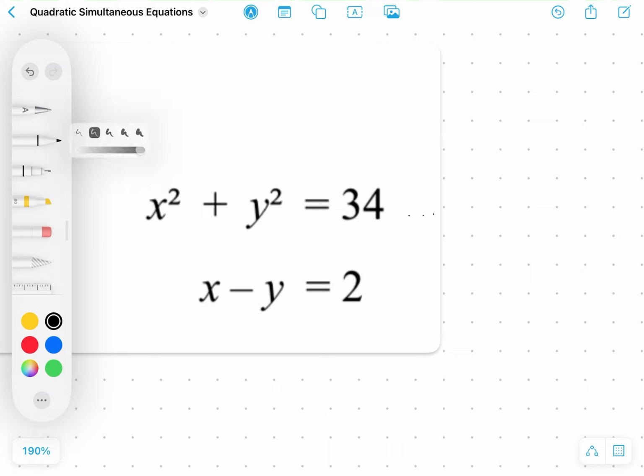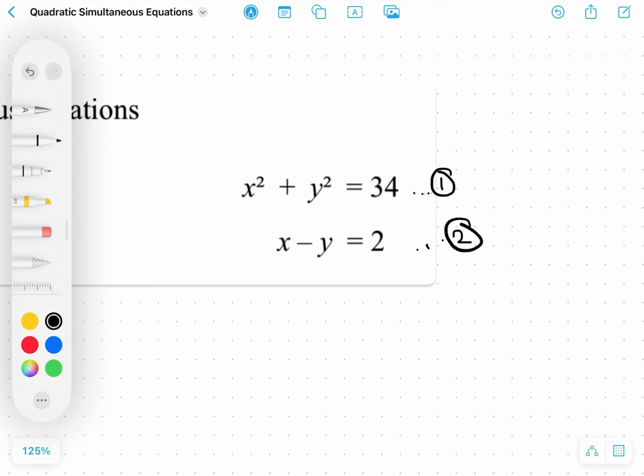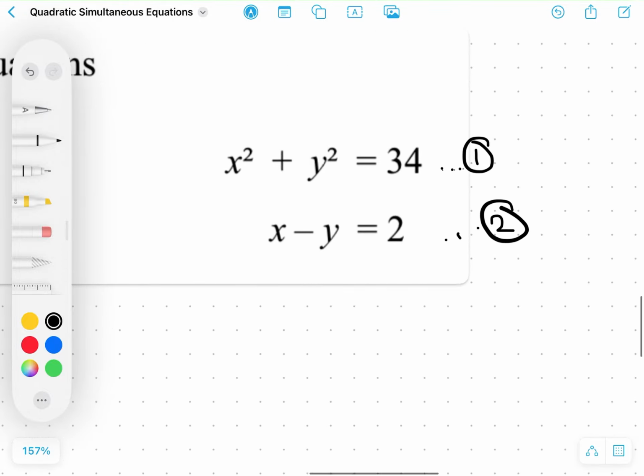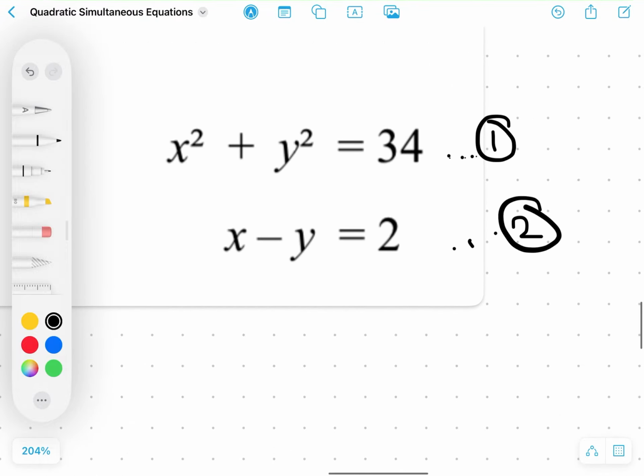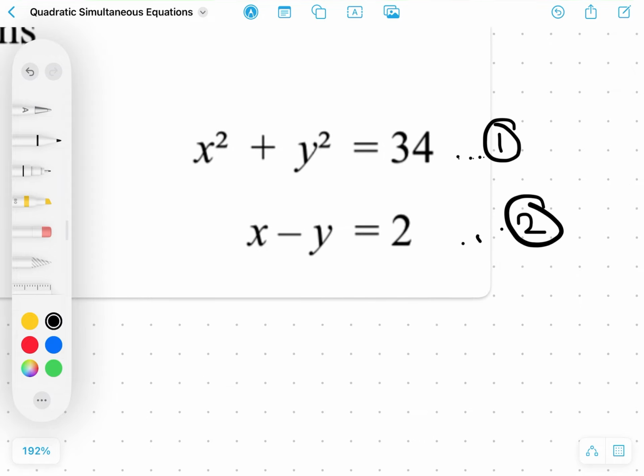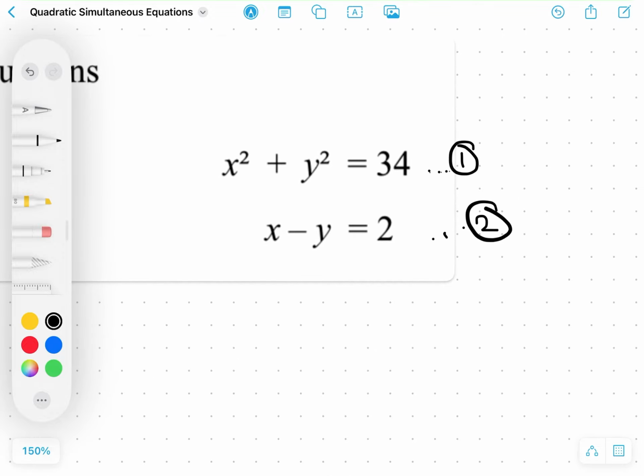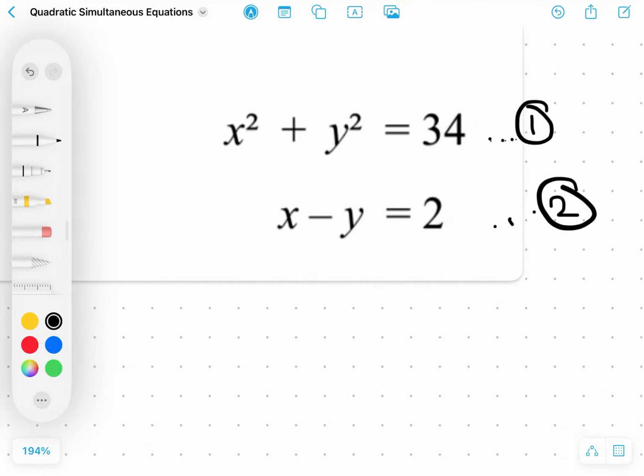So firstly, let me just label each one. This is equation 1 and this is equation 2. It's easier to work with equation 2 because there's no power of 2. So now we should make it into an equation in terms of x. So make x the subject, or you could even make y the subject.